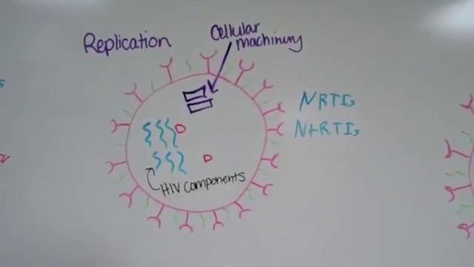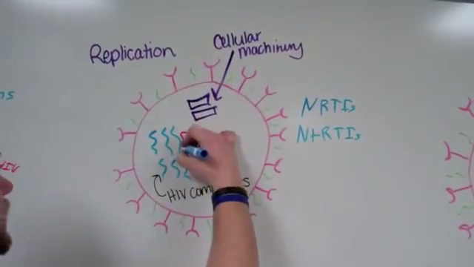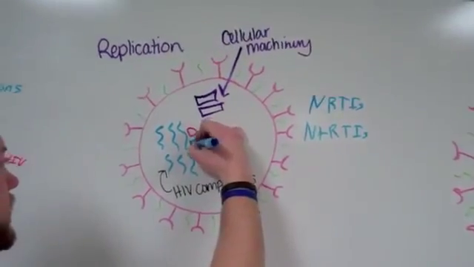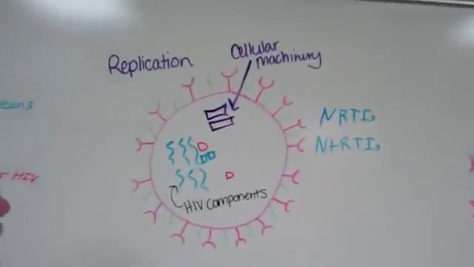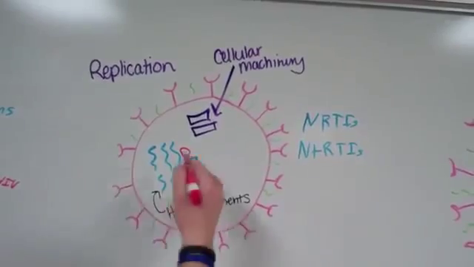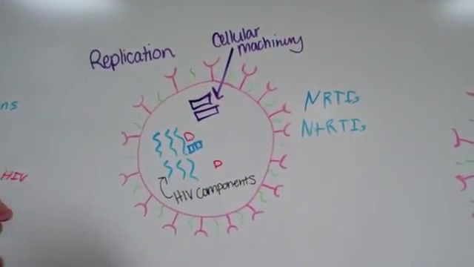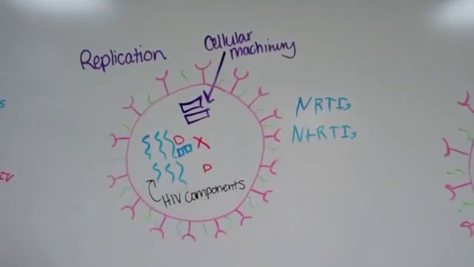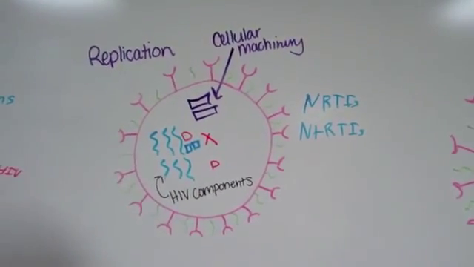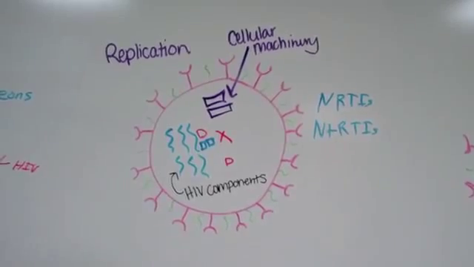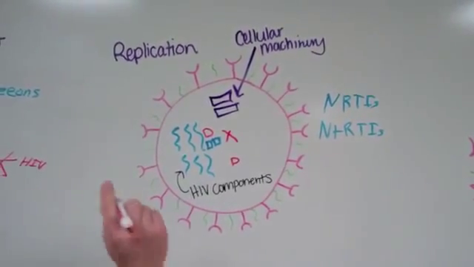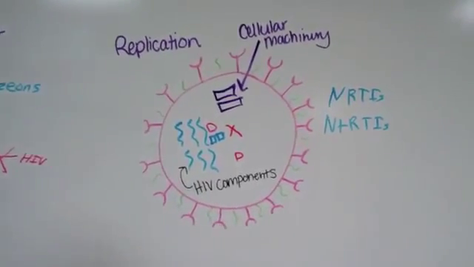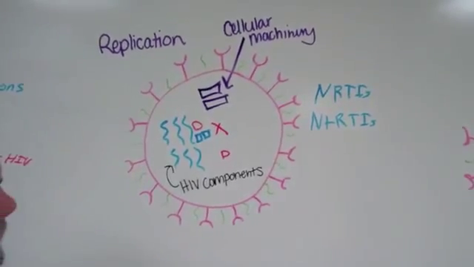When the cell machinery sees this drug, instead of saying, hey, keep replicating, the drug says, enough, we're done. It stops the cell machinery right in its tracks, and that's the end of synthesis, thus blocking all replication of the HIV and keeping the viral content inside the T cells from growing.